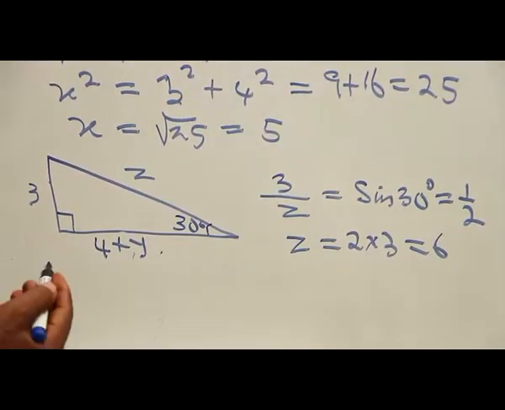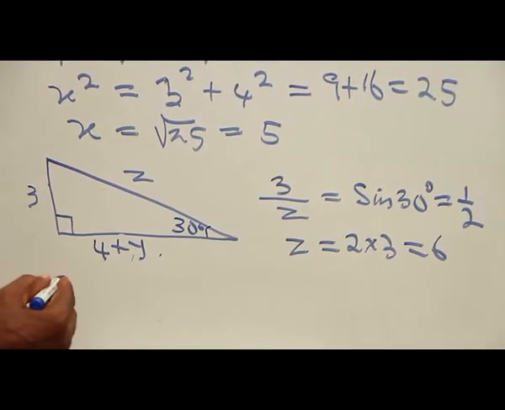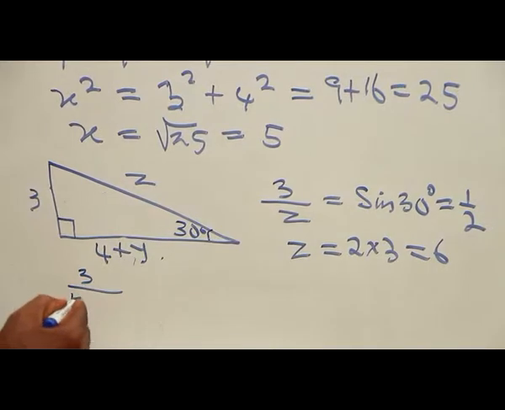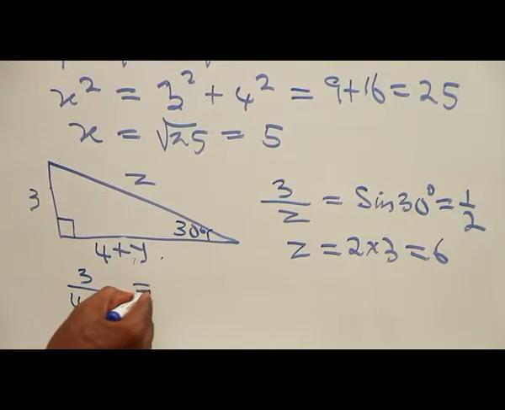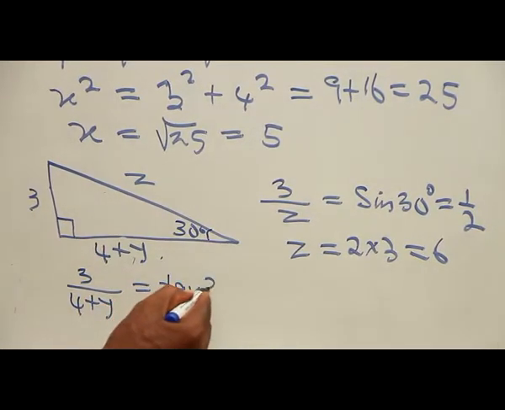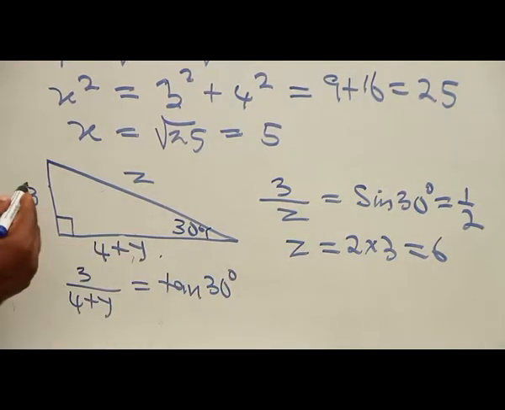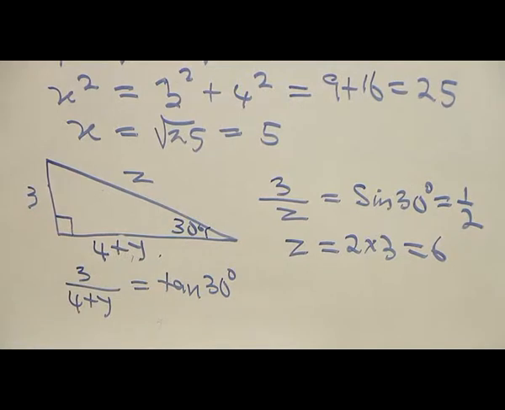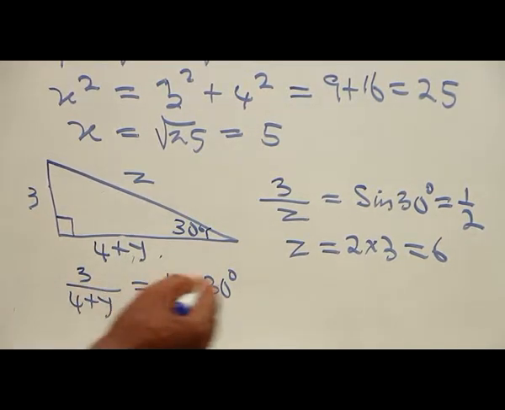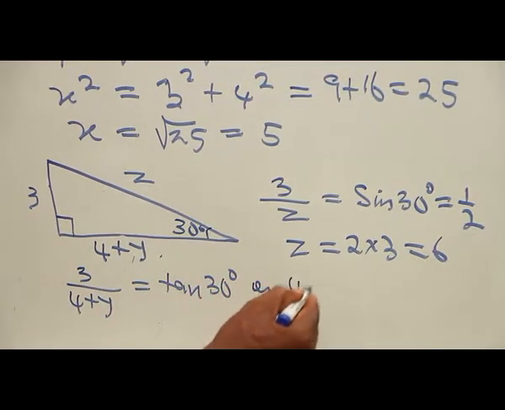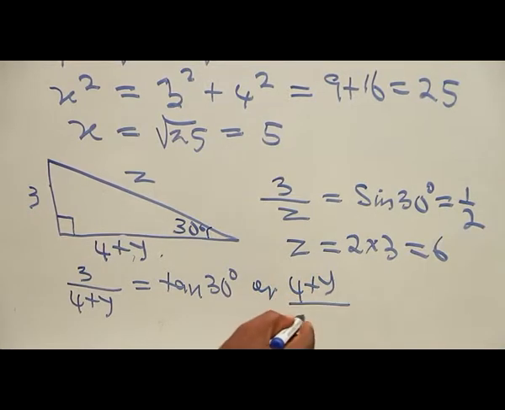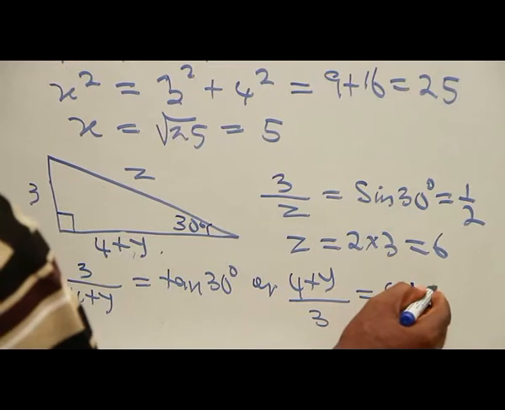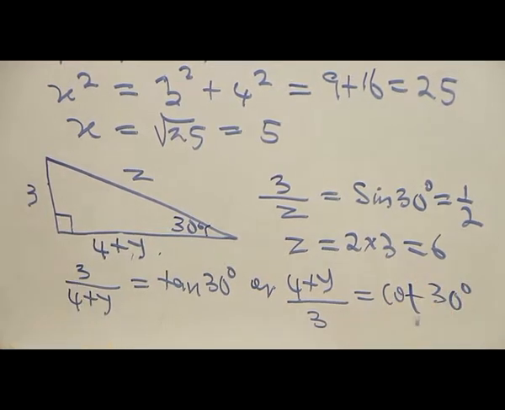You can also say 3 all over 4 plus y is equal to tan 30 degrees. Opposite over adjacent, tangent. Or you can say 4 plus y all over 3 is equal to cot 30 degrees.